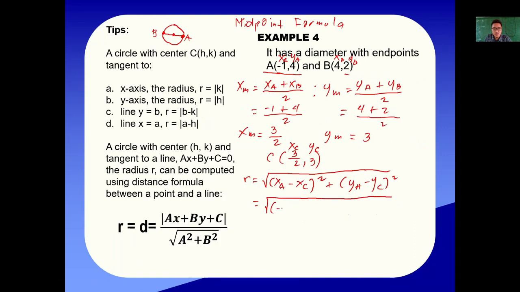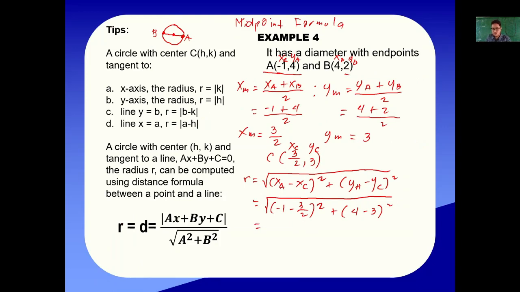Negative 1 minus what our x sub C, that is 3 half, squared, plus what is our y sub A, that is 4. What is the y sub C, that is 3, minus 3 squared.